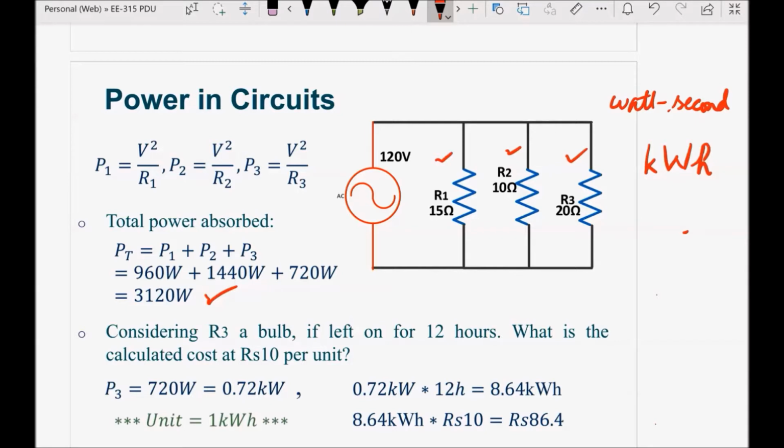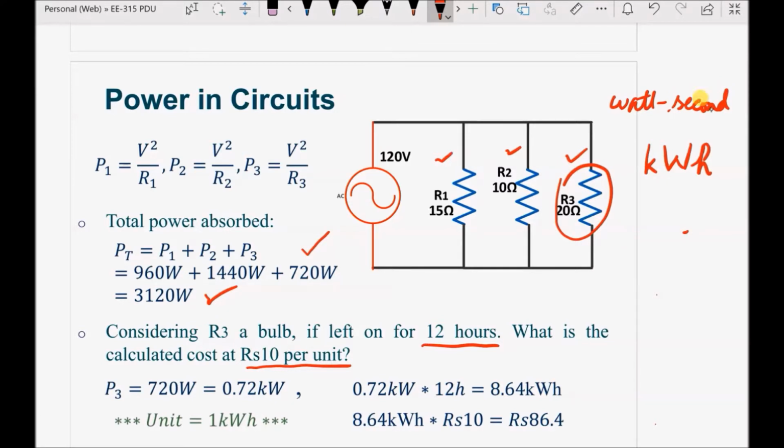We can take an example by considering R3 as a bulb, and if we leave it on for 12 hours, what is going to be the cost calculated at rupees 10 per unit. This is just a simple example. So first of all, we know the power absorbed by R3 was 720 watts.